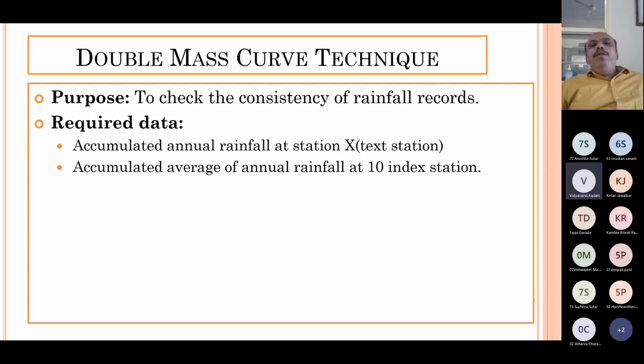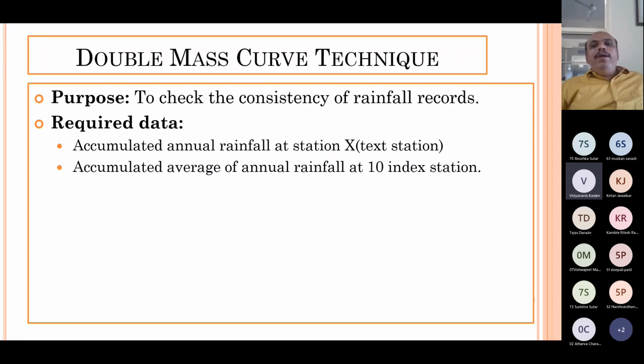Suppose there is an attendant who is taking the daily rainfall values, and his duty changed and a new person came. Again he is taking the readings. That is the shift in observation practice.